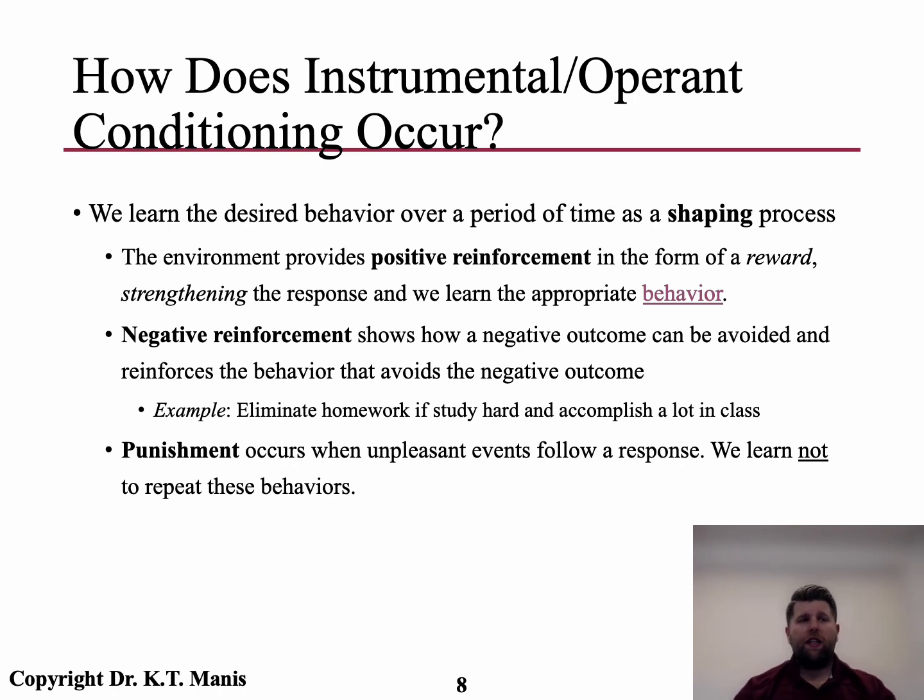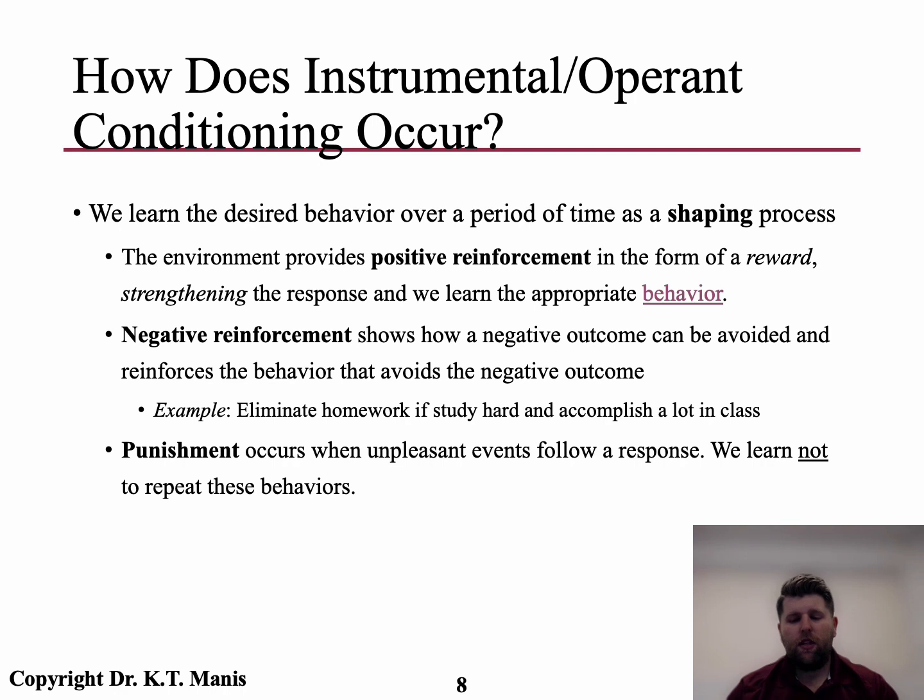Negative reinforcement is showing how a negative outcome can be avoided and reinforcing the behavior that avoids that negative outcome. So I will eliminate homework if you study hard and accomplish a lot in class. If you don't, you will still continue to have your homework. Punishment occurs when an unpleasant event follows a response. We learn not to repeat those behaviors.